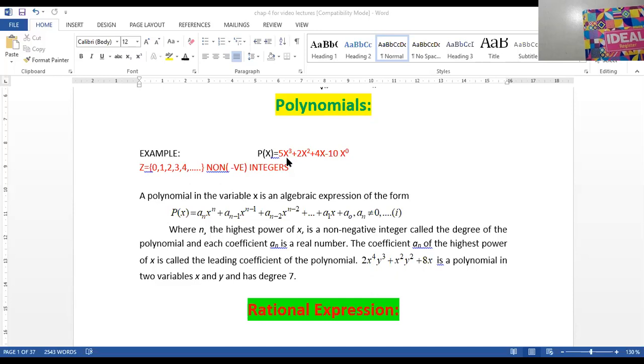When I talk about real numbers, you should keep in mind that a real number can be rational or irrational. This is relevant to chapter number 2, what the rationals and the irrationals are, because when you join them together, you get the real numbers. So my point is that for a polynomial we are concerned with the power of x, which must be a non-negative integer. We are not concerned with what is being multiplied with these variables.